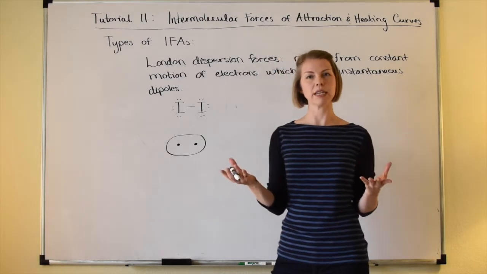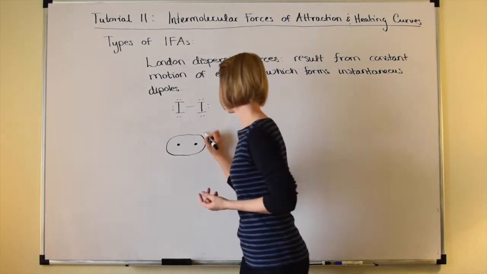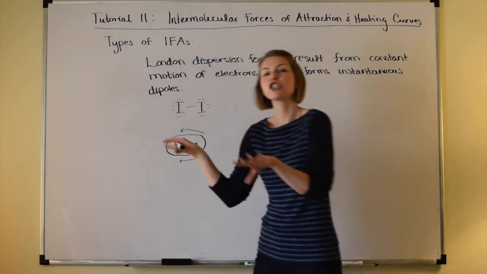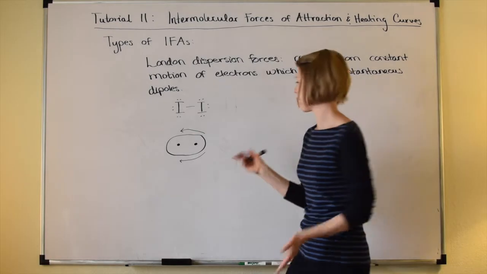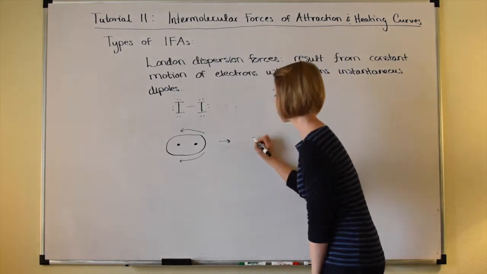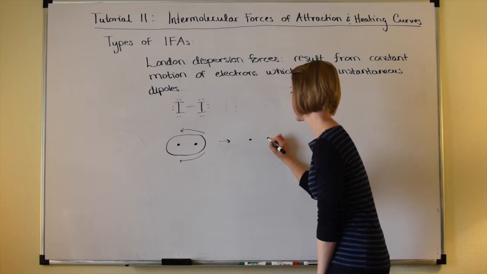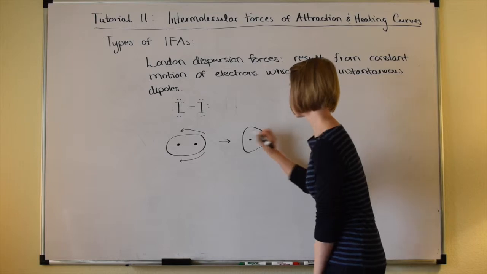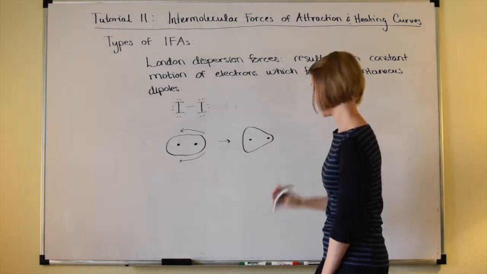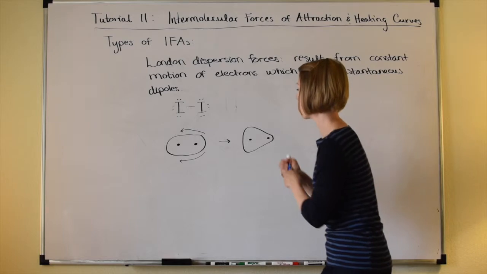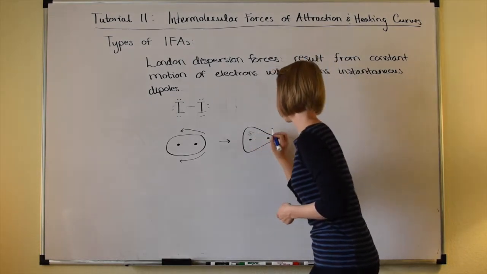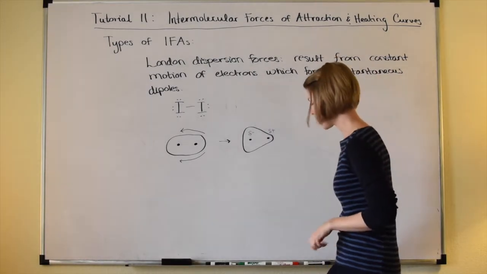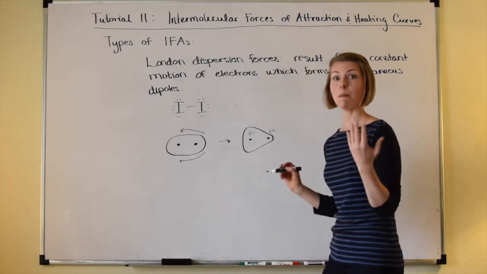But at any moment, at an instant, there could be a time where that electron density is pushed to one side or the other. Okay, so that would result in what we call an instantaneous dipole, a momentary unevenness in the electron density. So therefore, a moment where there is a partial negative and a partial positive charge buildup, even within this nonpolar molecule.